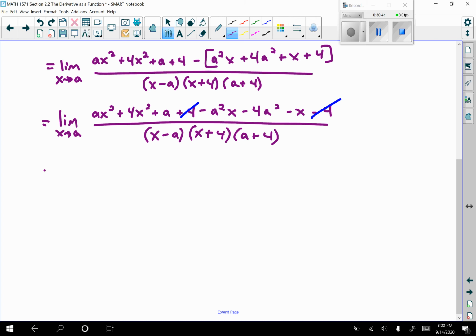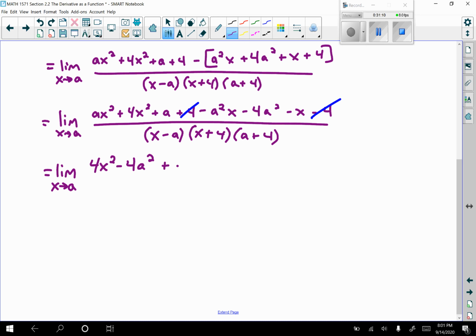All right, so what I want to do, still keeping the limit as x approaches a, is get all the terms that have an x squared together, but I want the x term to go first. So let's start with the 4x squared and the minus 4a squared. I'm going to put those together first because they have 4's in common. So 4x squared minus 4a squared. Next I have an ax squared and then minus a squared x.